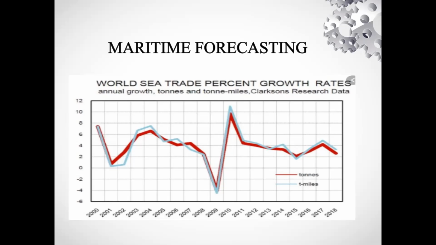That has to be forecasted, and the seaborne trade forecasting will show the relationship between sea trade and industrial production. What is the level of industrial availability and what trade could we make at sea?